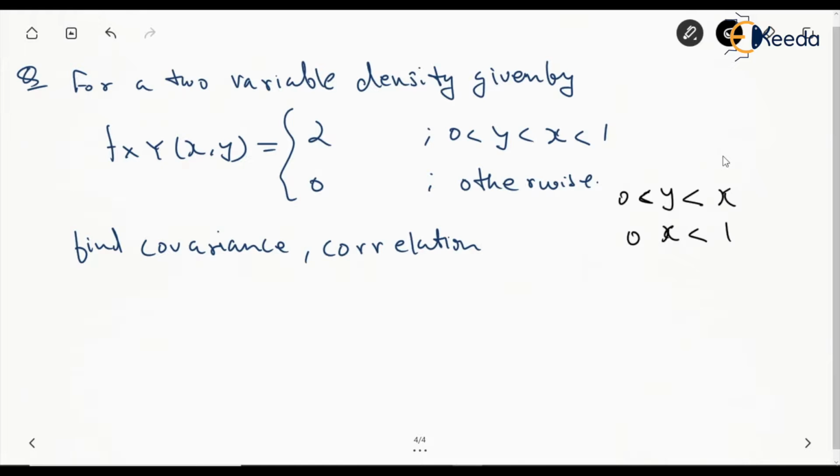So in this case, let's see the region defined first, which is the most important thing here. The lower limit is y equal to 0. So this is y equal to 0. The next is y is equal to x. So this is y is equal to x.